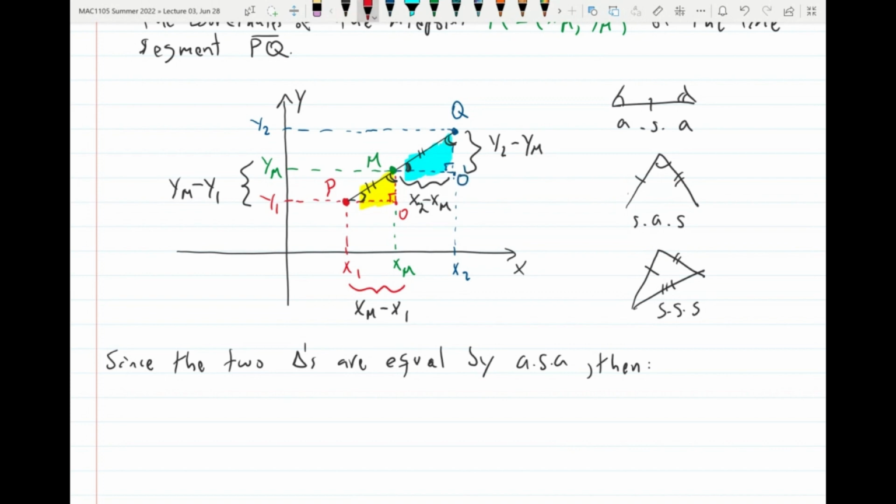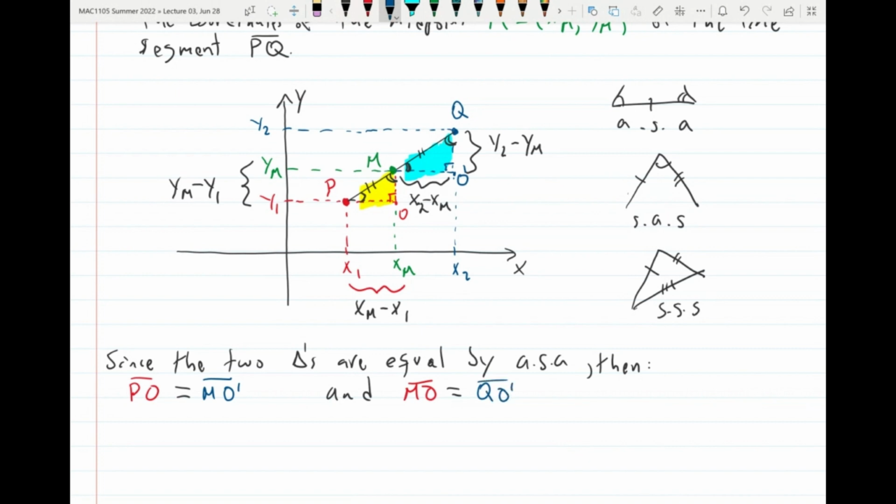So the side PO equals the side MO prime. They correspond to each other. And we also have that MO equals QO prime.